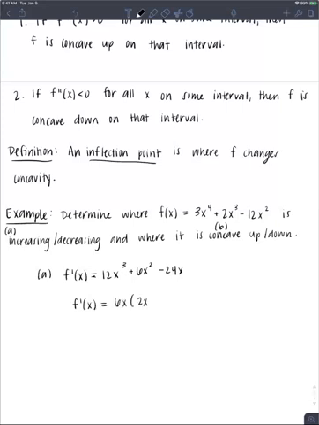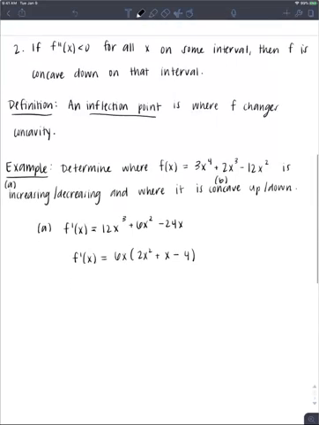So you would get 2x squared plus x minus 4. Did I do that right? Yeah, because I would get 12x cubed plus 6x squared minus 24x, so that's right.